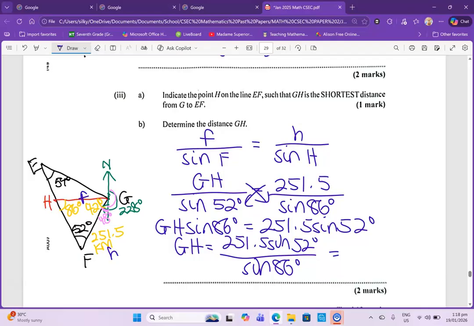So using my calculator, 251.5 times sine 52, and then take that answer and divide by sine 86, and I will get 198.67 kilometers as the distance GH. And that is worth 2 marks.